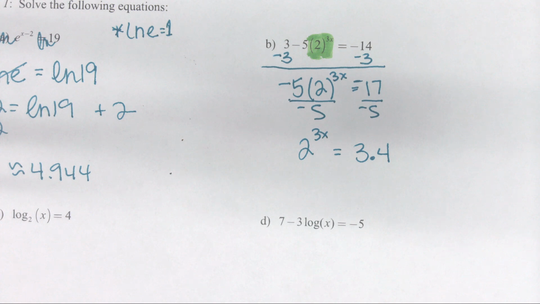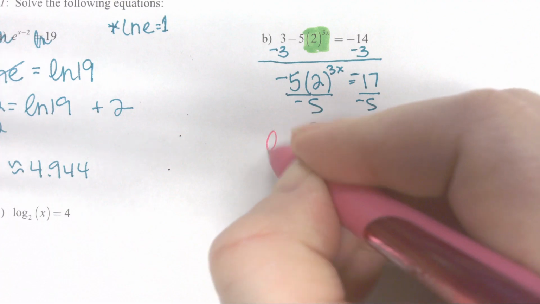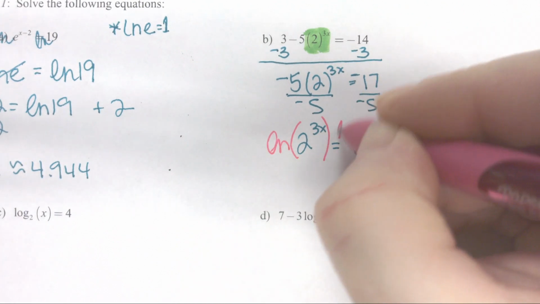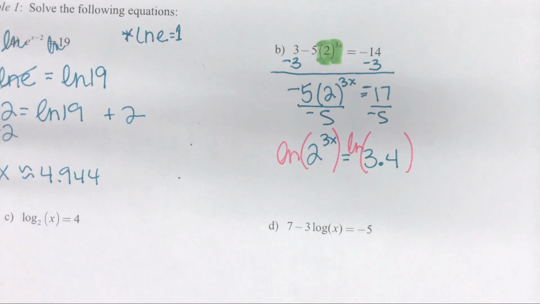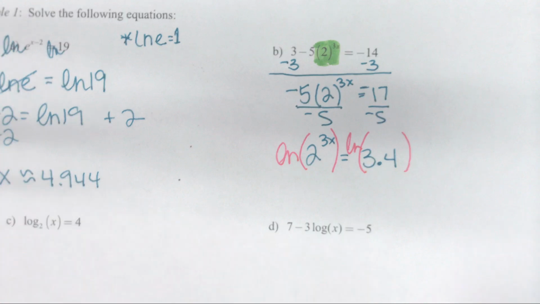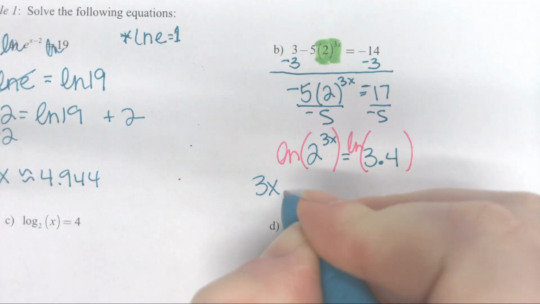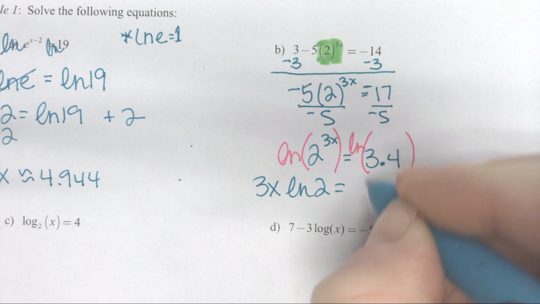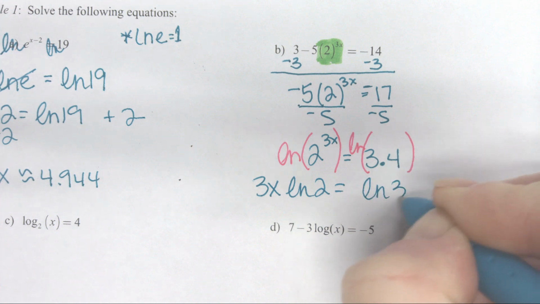I just tend to always use natural log on this section, because then I don't have to make a choice, and if I happen to have a natural log of e, then it makes my life easier. So I'm going to take the natural log of both sides. That brings my 3x to the front. So I have 3x times the natural log of 2 equals the natural log of 3.4.